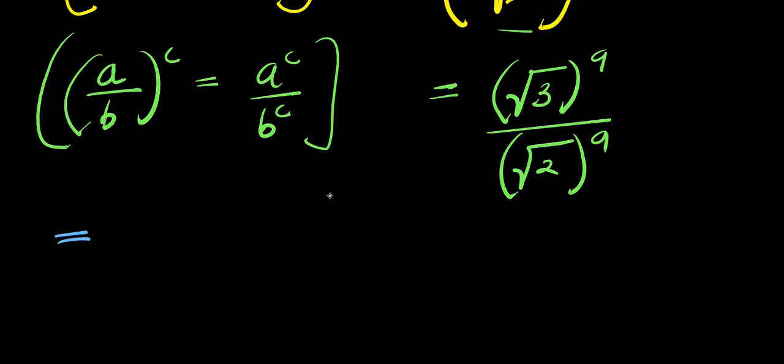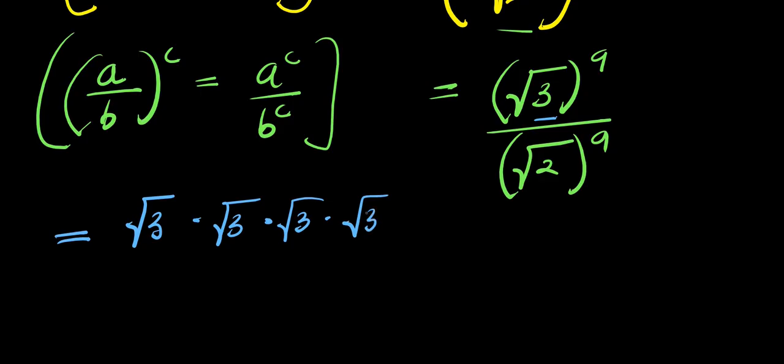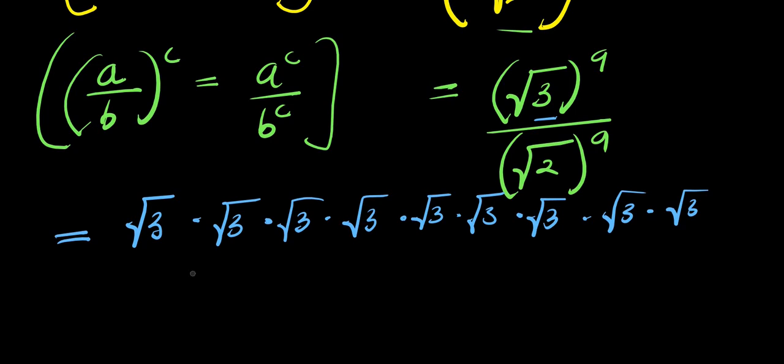So from here, square root of 3 to the power of 9, this is square root of 3 times square root of 3, and so on, nine times.